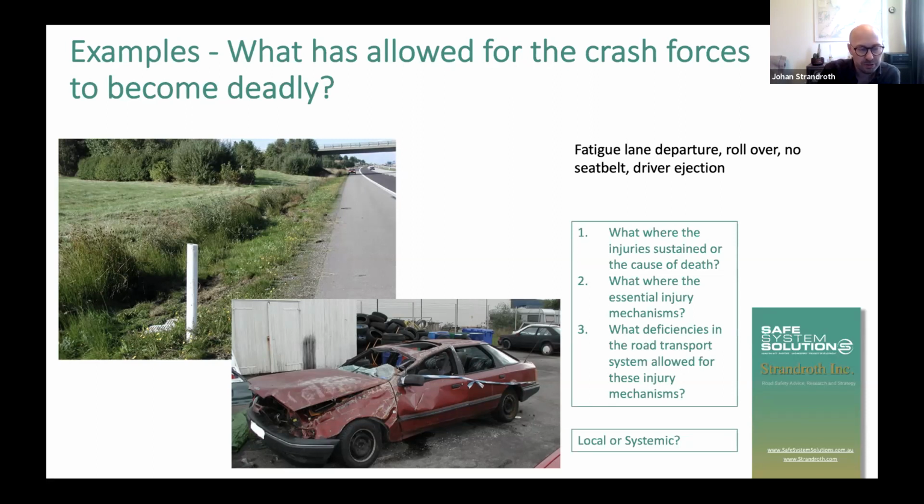Maybe the slope is too soft, or it's not designed properly, or it happens anyway. And if you would have worn a seatbelt, you would have survived. But of course, you can also put a barrier there, and that would be the new standard, the new best practice, and that wouldn't happen in the first place. It's definitely a systemic type of error.